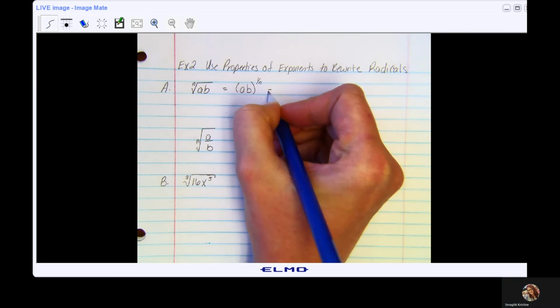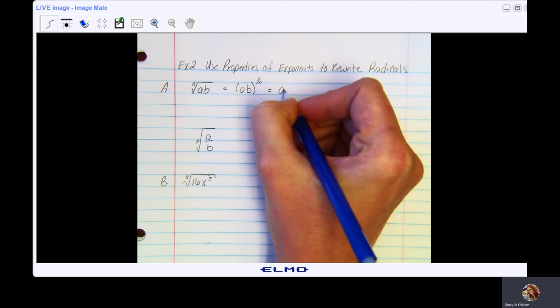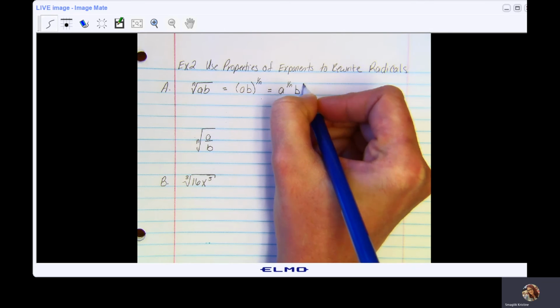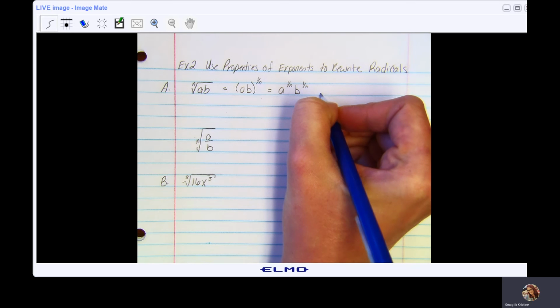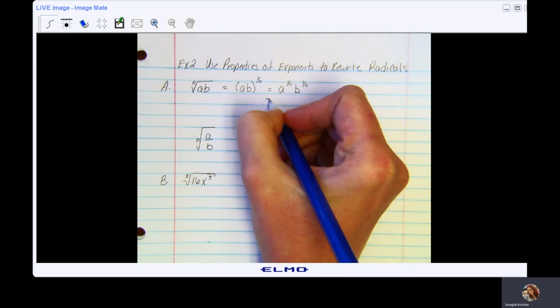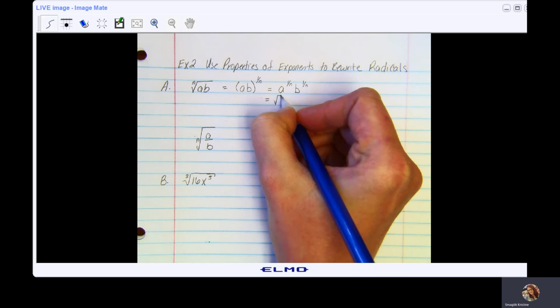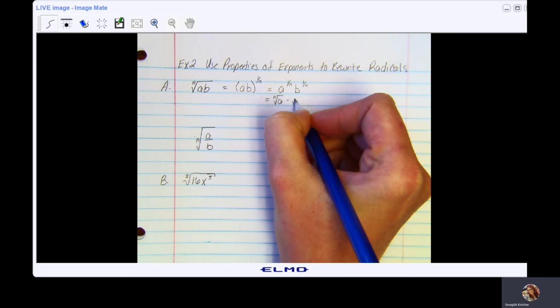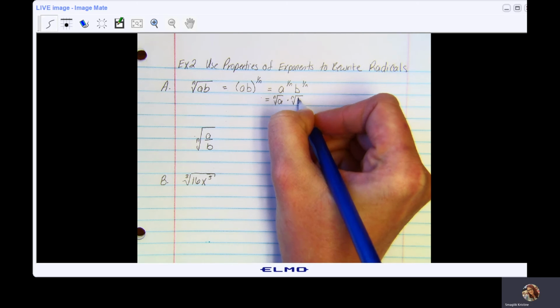So this would be the same as saying a raised to the 1 over n times b raised to the 1 over n. And then you could still move this back into radical form, and you would have the nth root of a times the nth root of b.